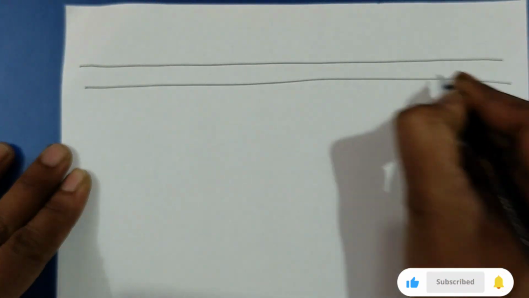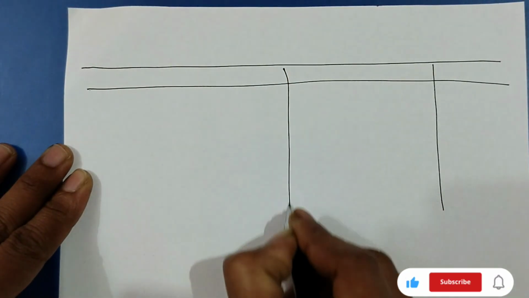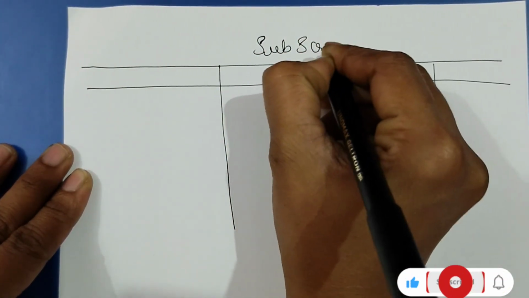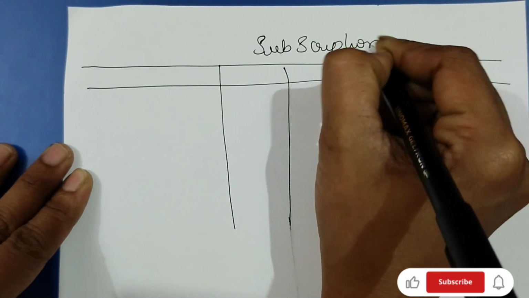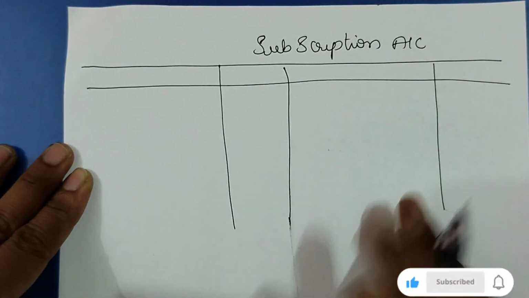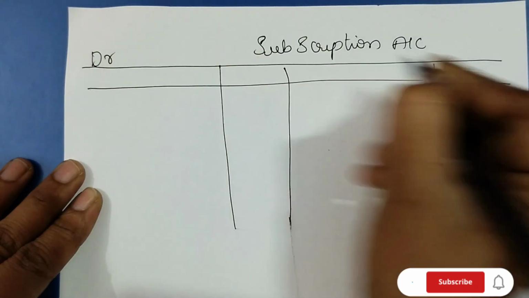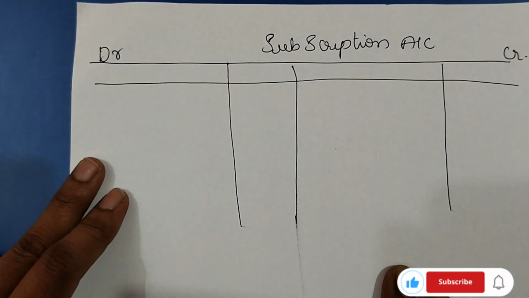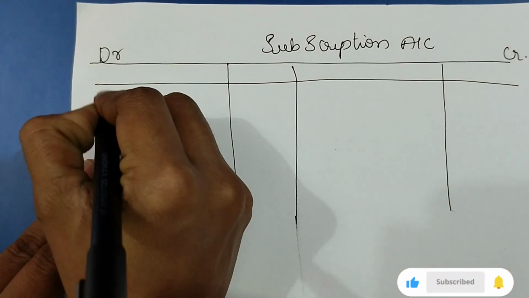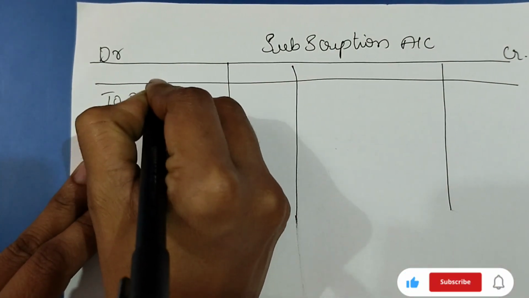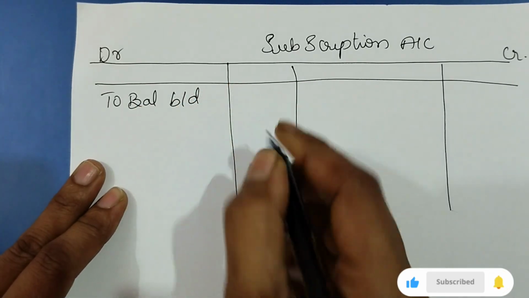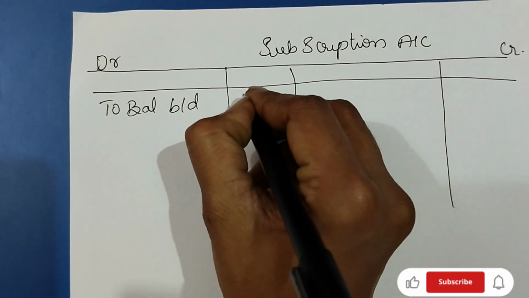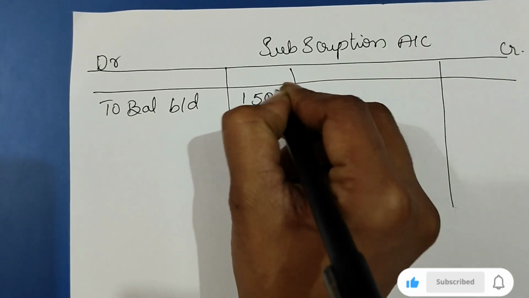Let us prepare now the ledger account of subscription. Subscription account. Debit, credit. First we will record whatever outstanding was there. So that is to balance brought down. Our opening outstanding amount is 1500.